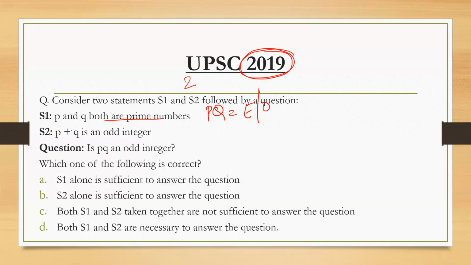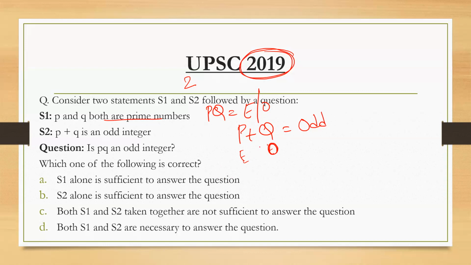Now the second statement says P plus Q is an odd integer. If P plus Q has to be an odd integer, what has to be the nature of P and Q? They cannot be even and even. That is not possible. Even and odd, is that possible? If I add an even number and an odd number, I can get an odd number.